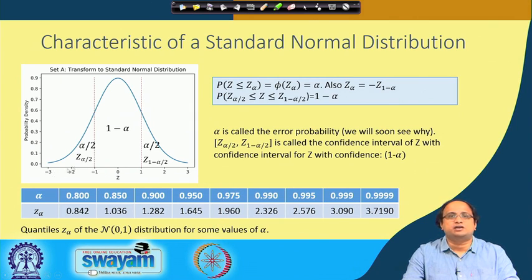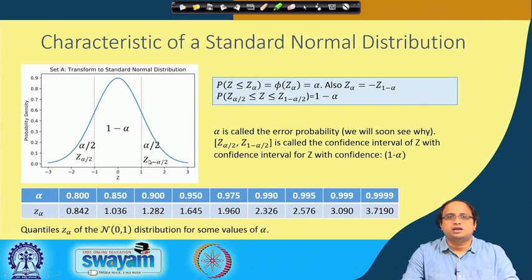This is the standard normal distribution curve. This particular curve has some important properties, which are central to the understanding of hypothesis testing. They are described by something called Z alpha, or quantiles. The area under the curve is 1, or unity.